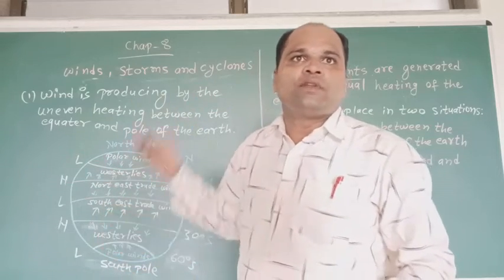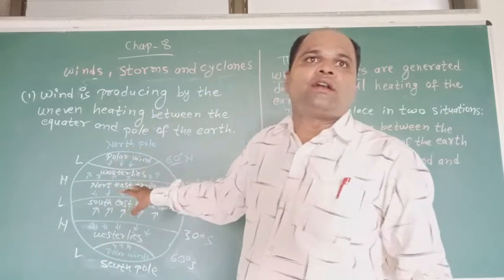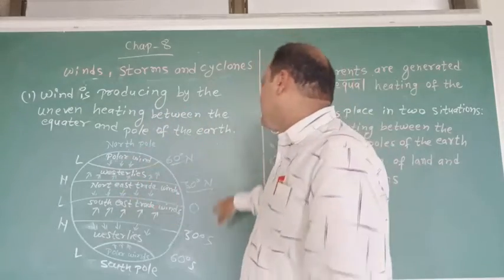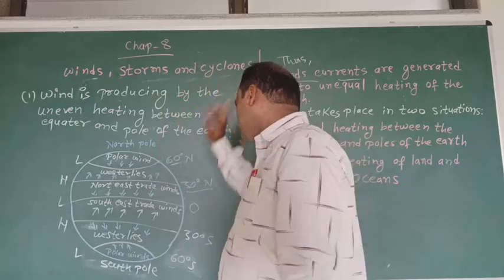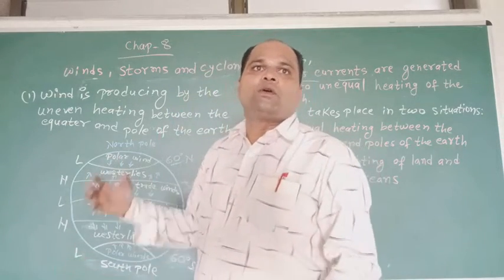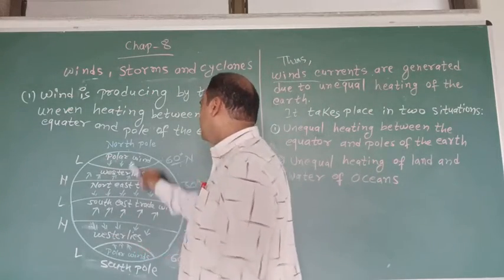This makes the winds blow from the cold polar region toward the 60 degree north and 60 degree south latitude. So these winds are called polar winds, okay.